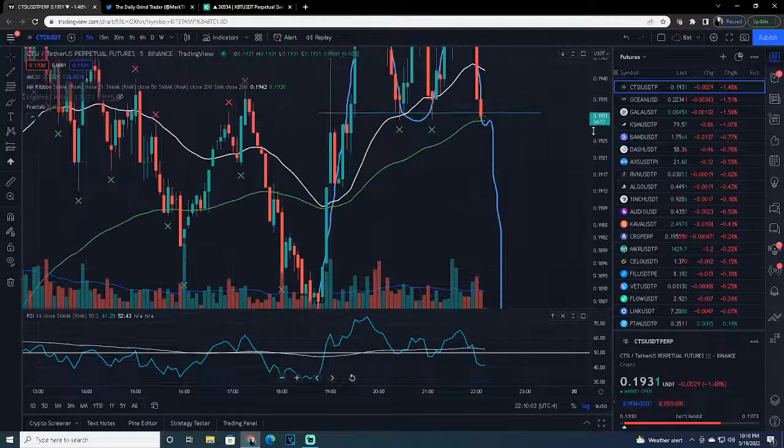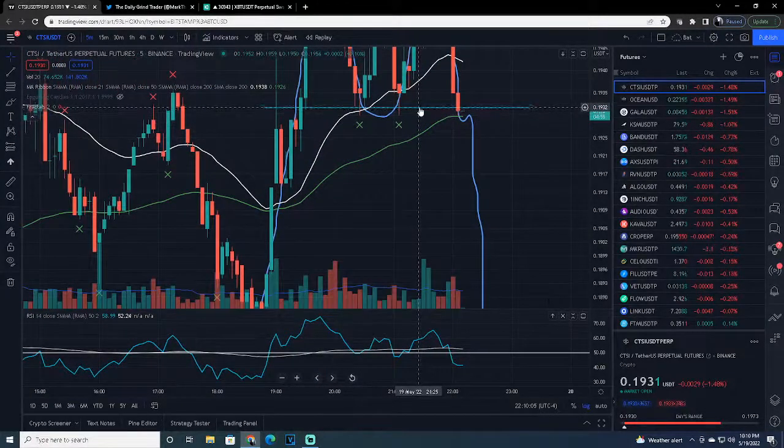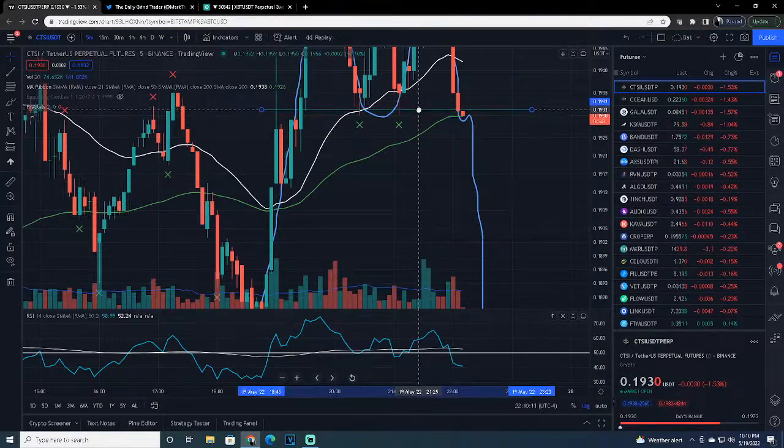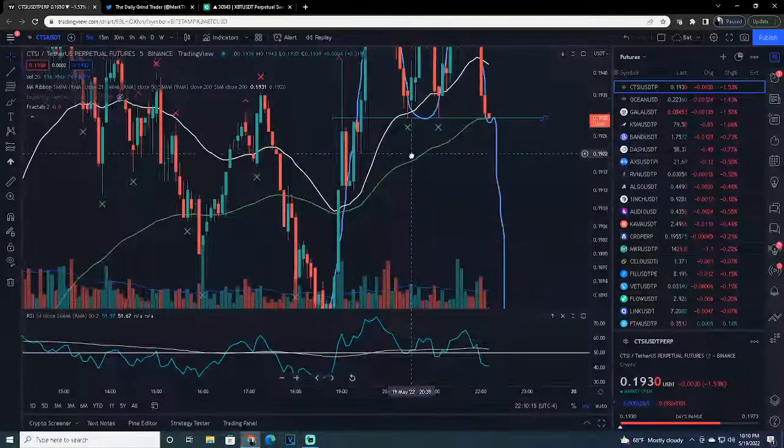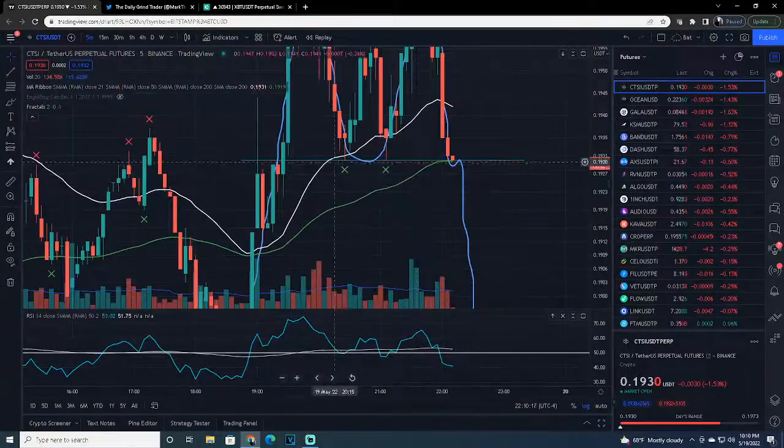So this came down below our... move this down. Let's get our neckline right where it needs to be, right where it bottomed out. There's no guesswork. Right there, bottomed out twice, therefore a neckline.